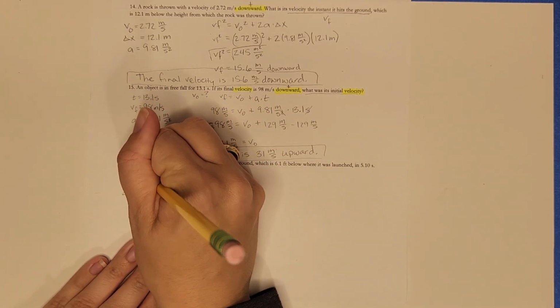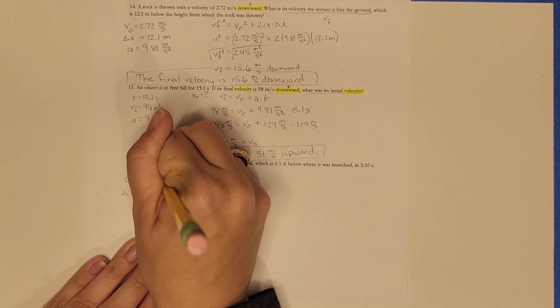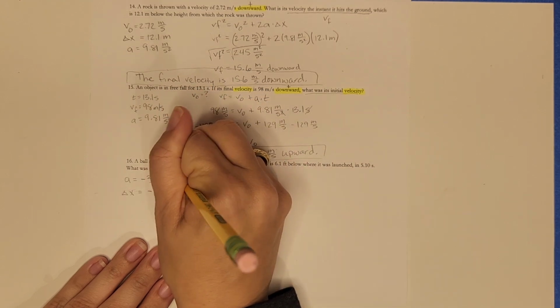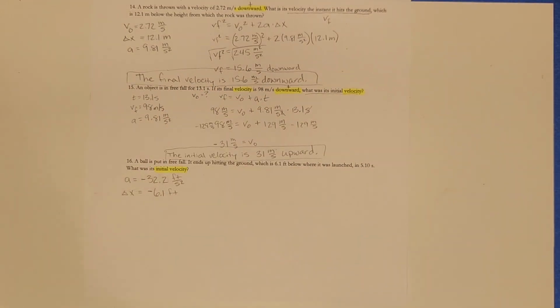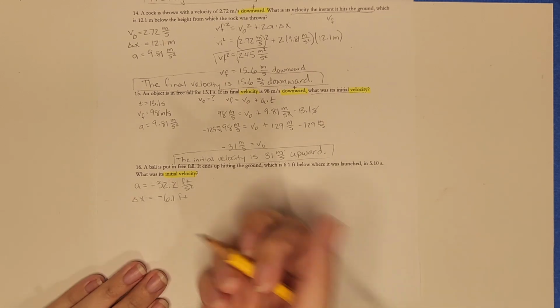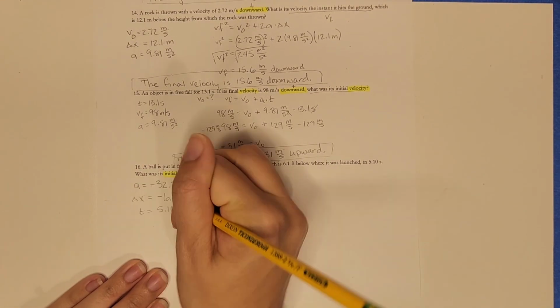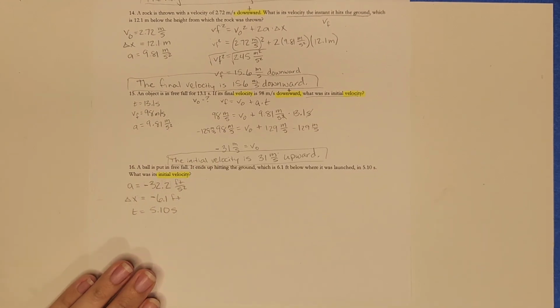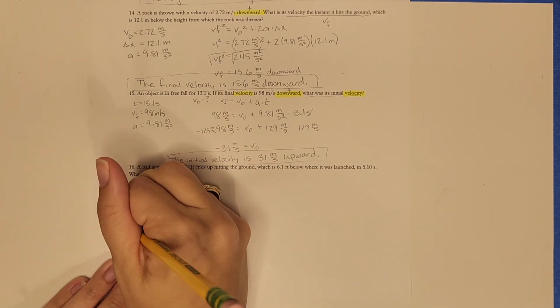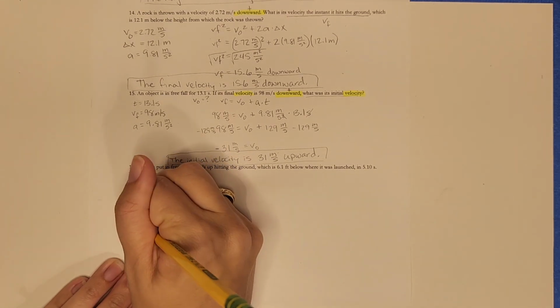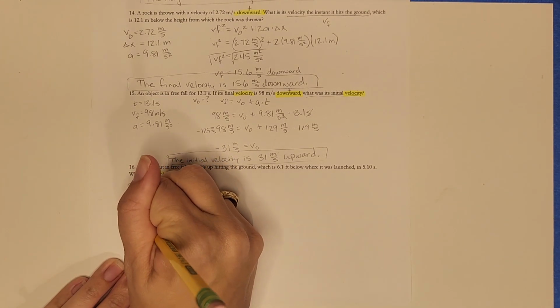So it's going to be negative 32.2 feet per second squared. Okay. Other things that we know, time equals 5.10 seconds. And we know that we need to know what the initial velocity is.